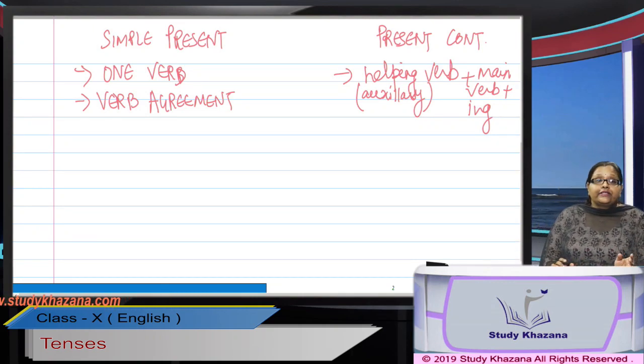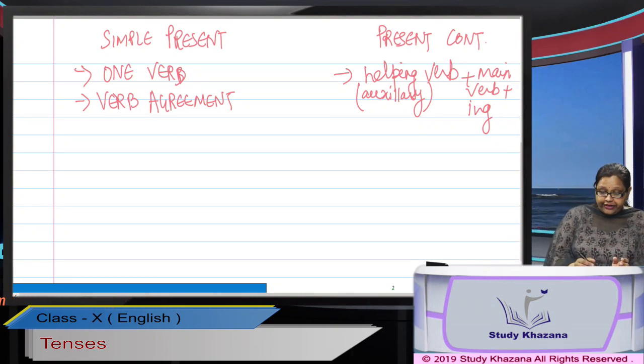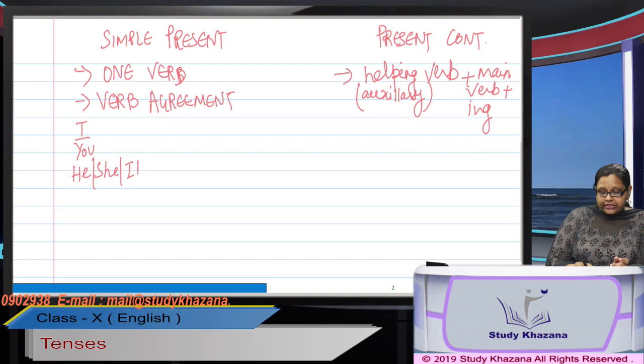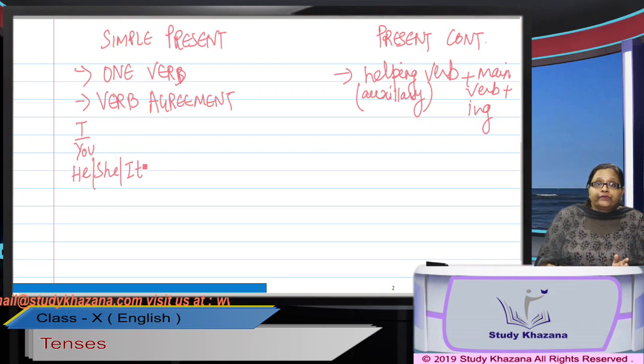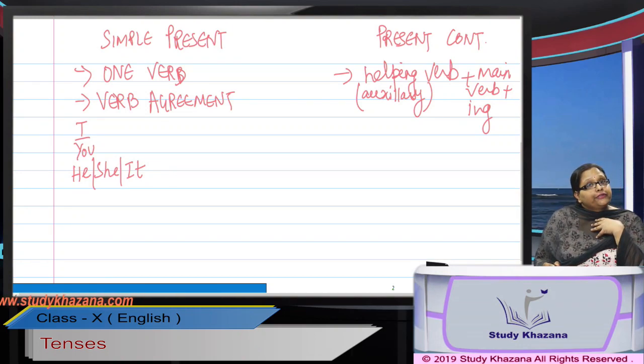Now coming back to simple present tense. Now the subjects, I think all of you know the main subjects. It's I, you, he, she or it. Means the third person, like the one who is speaking. If I am speaking, I am the first person.